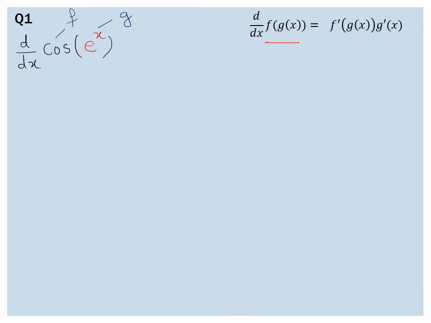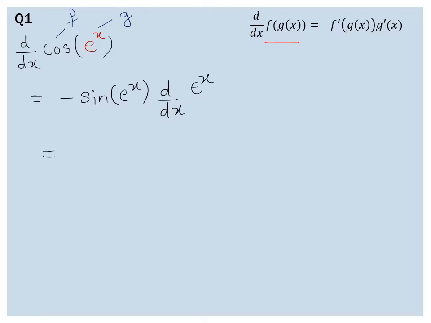So applying the formula, the right hand side is f dash, that is derivative of cos, so minus sine e to the power x, into derivative of g, that is e to the power x.